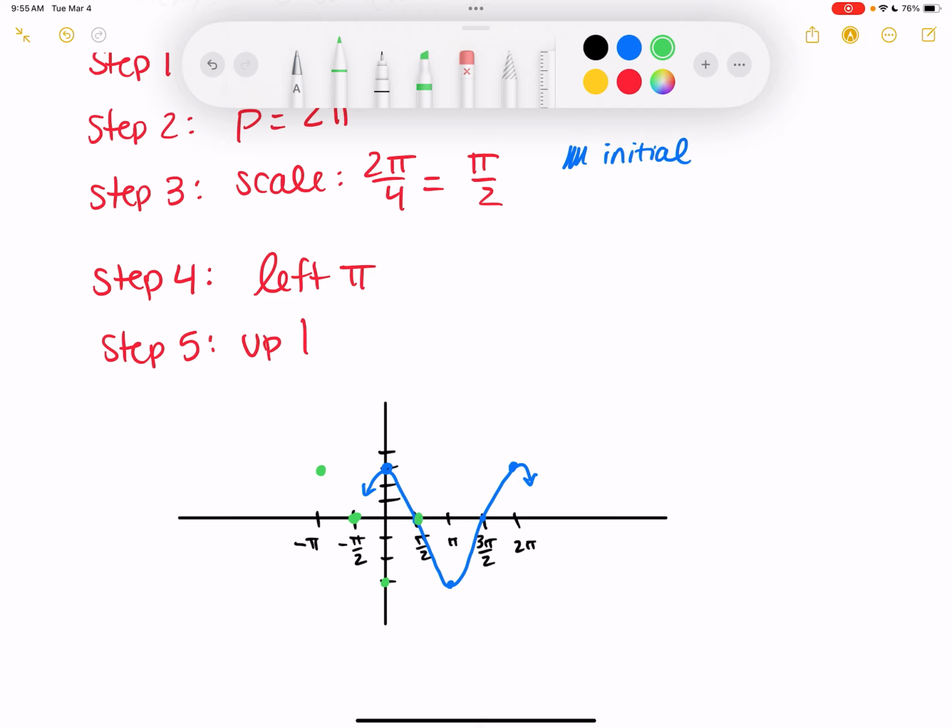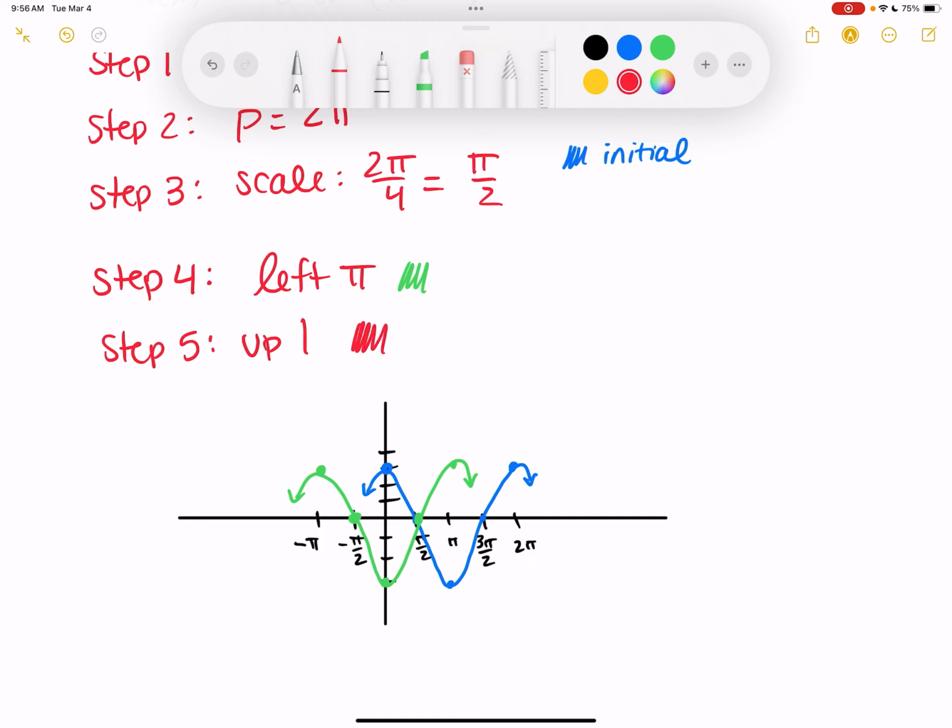And so, this is not the final, correct? So this green one is my left shift by pi. The last thing I'm going to do in red is every point's going up 1.